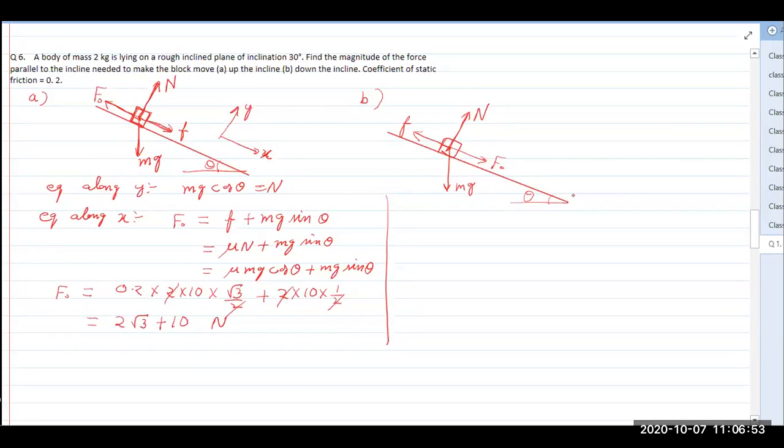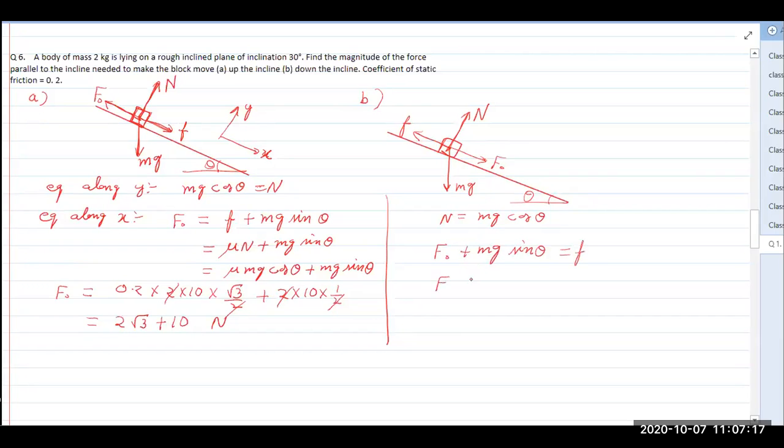That could also happen, so we need to check that. If we write the equation, the normal will be equal to mg cos theta. In the second case, F0 downward plus mg sin theta downward will be equal to friction.